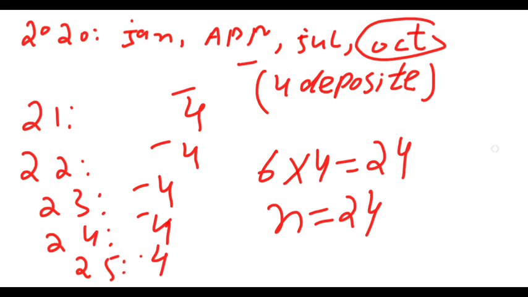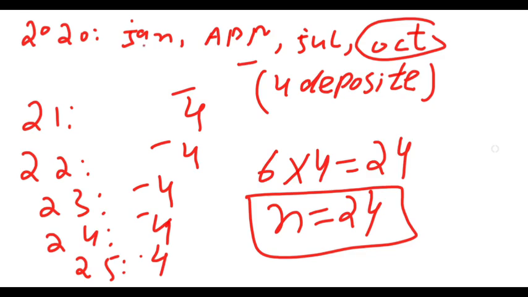And you must calculate the accumulated amount in the account on 1st January 2026, so we're going to compound that money at the end. So n is going to be 24, because he pays at the beginning of January, then April, then July, then October. So 4 each year. We have 2020 till 2025, 6 years, and 6 times 4 is 24.